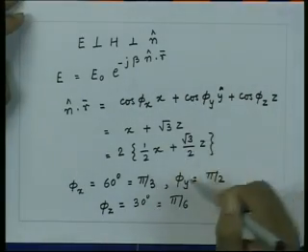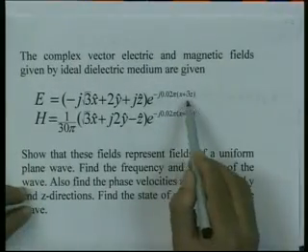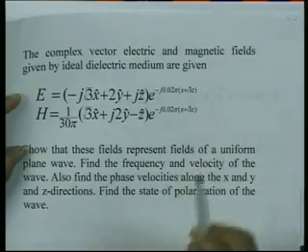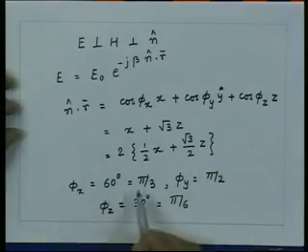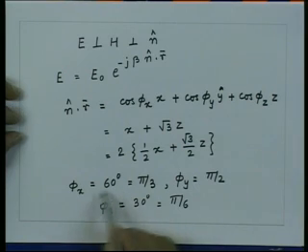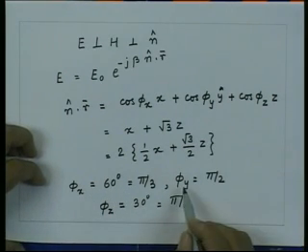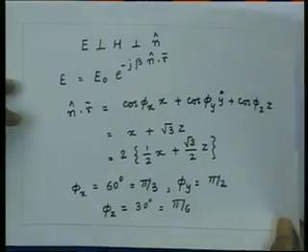One thing we can note from here is that since the phase function has only x and z terms, the wave is propagating in the xz plane. The wave normal makes an angle of 60 degrees with the x axis, 30 degrees with the z axis, and 90 degrees with the y axis. That means the vector lies in the xz plane.